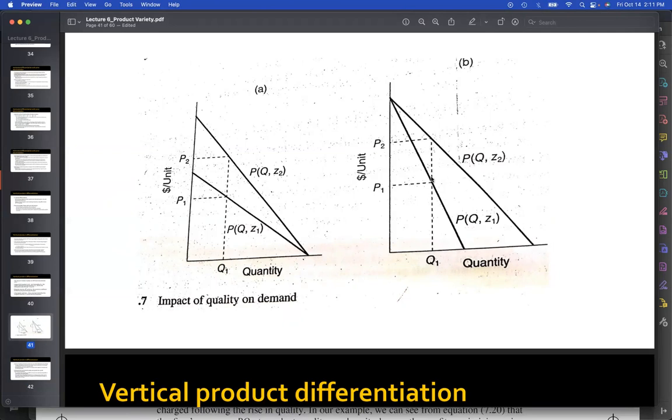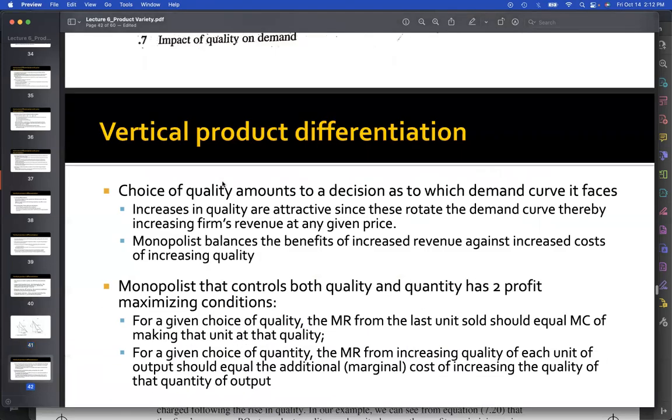The difference is that there's also going to be an increase in the willingness to pay for the inframarginal consumers, but the increase is greater the smaller your willingness to pay is originally. In particular, for the highest willingness to pay here, it doesn't shift at all. So that's the difference between the picture on the right, picture B, and picture A on the left.